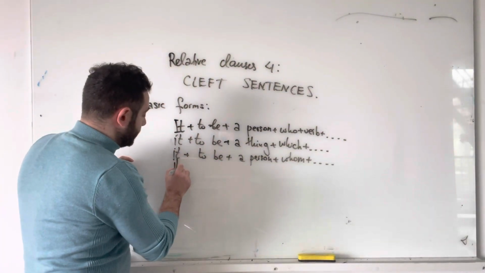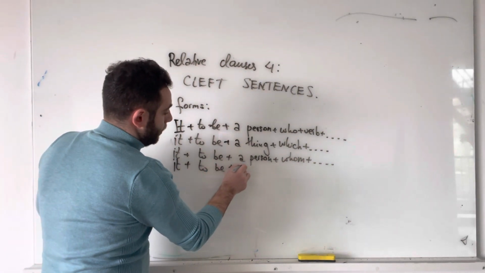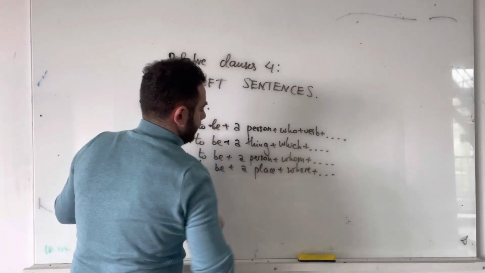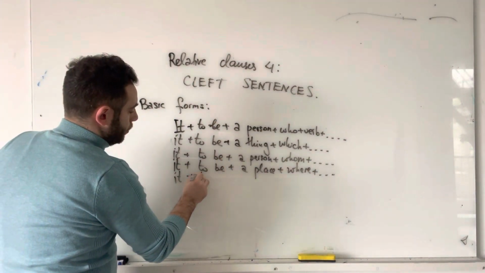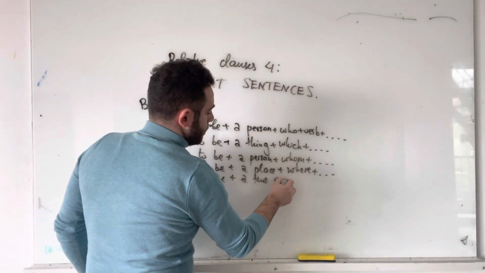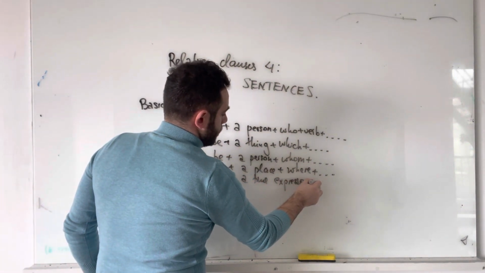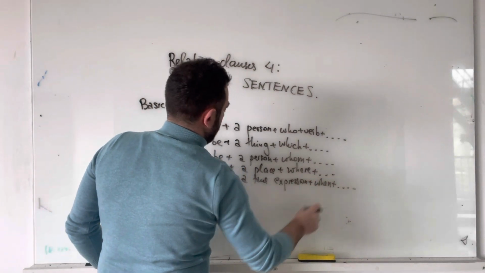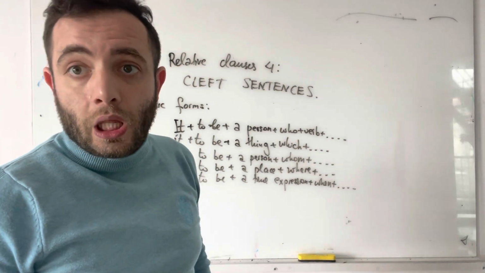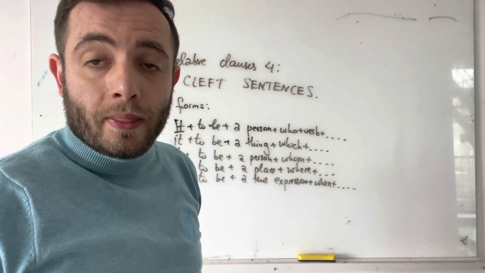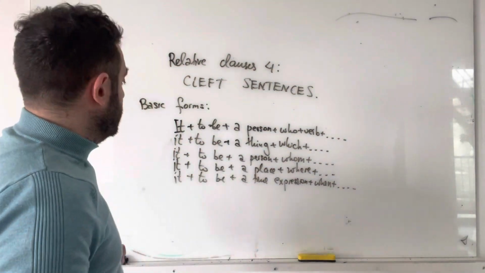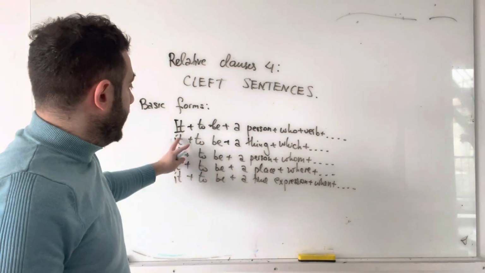And then we can also add here "it" plus "to be," for example, a place, plus "where," and then also "it" plus "to be" plus a time expression plus "when," and so on and so forth. For more details, you can watch the first relative clause lesson about other possible relative pronouns. So all we do is just make this combination.